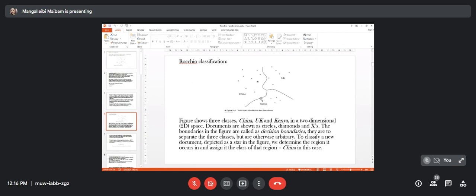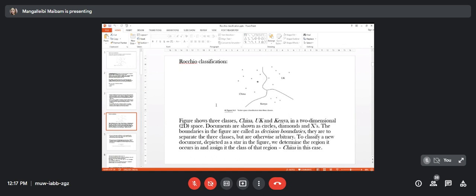The curved lines which separate the classes are known as the decision boundaries, the boundaries where it separates the classes.